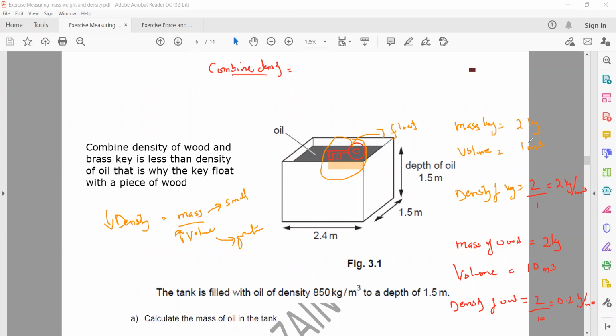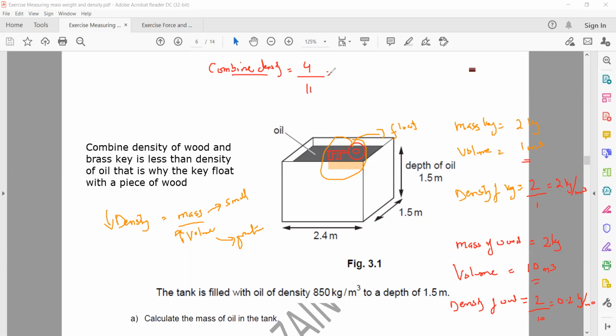The mass of the key is 2 and the mass of the wood is also 2, so 2 plus 2, 4. But what about the volume? Because when you place a piece of wood, the wood is actually in contact with the liquid. So the total volume: 1 is there for the key and 10 is there for the wood. So 10 plus 1 makes 11.